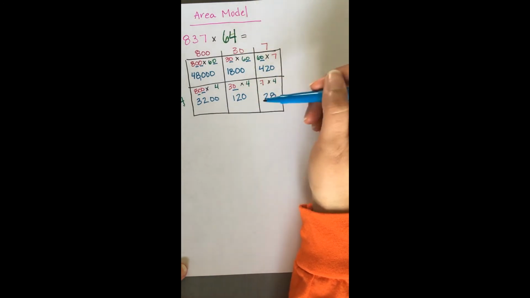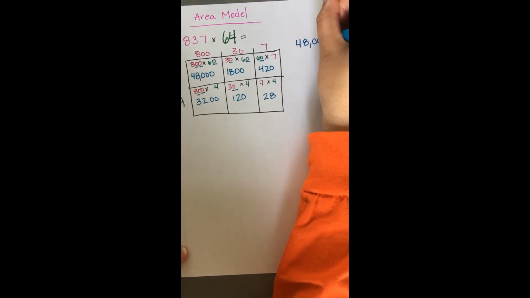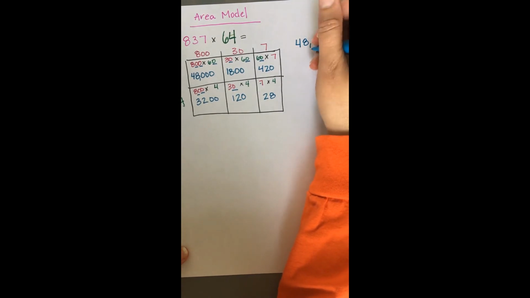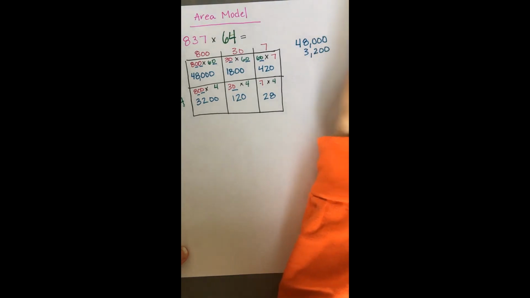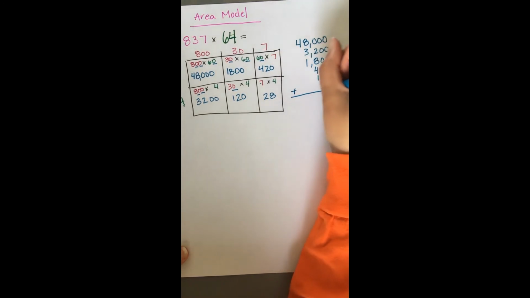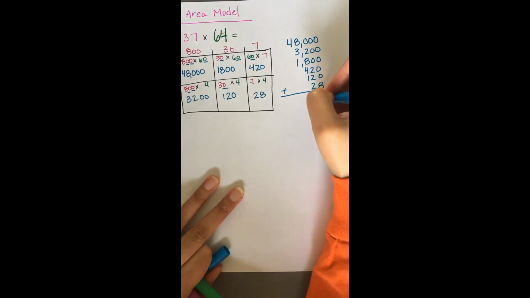Now we're going to take all these little products and we're going to add them up. And we add them up just like we have been doing since we were in kindergarten. We're going to make sure that the place values are lined up. So we're going to have the tens, the ones, the hundreds, the thousands all in the same place. So we're going to go 0 plus 8 is 8. 2 plus 2 plus 2 is 6.